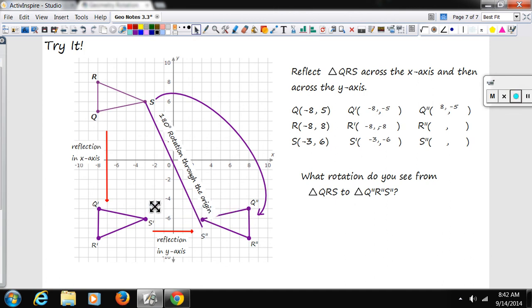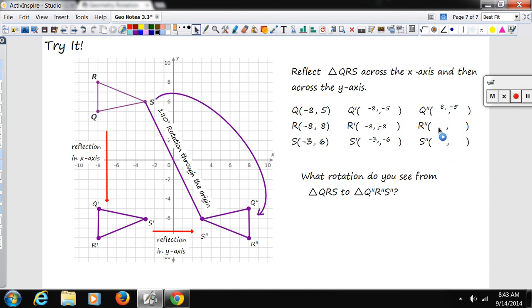Stick it here. And this line. Perfect. Look at that, right through the origin. That's awesome. Okay. So now we can get the correct point. So it's going to be (-3, -6). Good, we did that right.